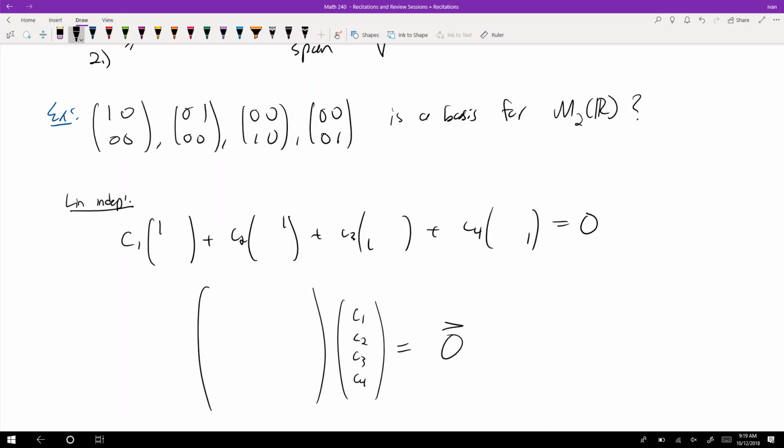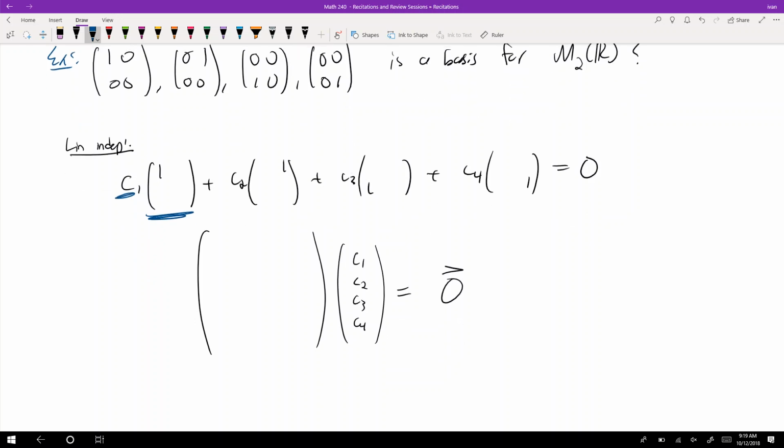Just represent it as like A, B, C, D, down, just like one vector. Yeah. So that's the idea, right? C1 is still multiplying this entire first matrix. So what does that mean? That means this first matrix has to go in the first column because C1 is multiplying the first column.